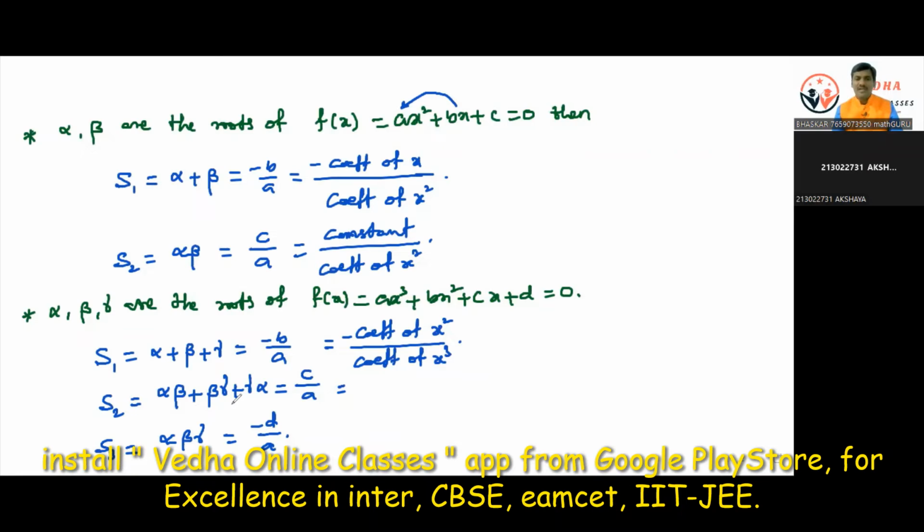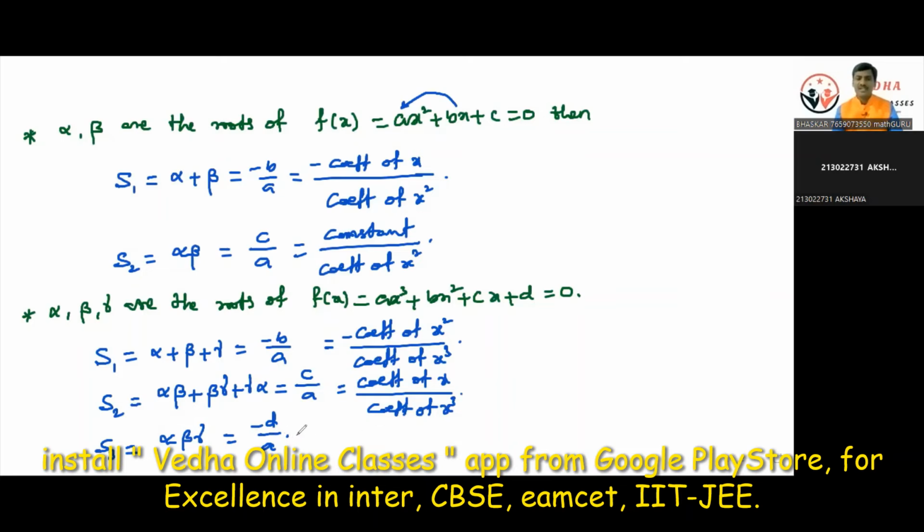Here, alpha beta, beta gamma, gamma alpha is equal to c by a. What is c here? C is the x coefficient, so coefficient of x divided by coefficient of x cube.